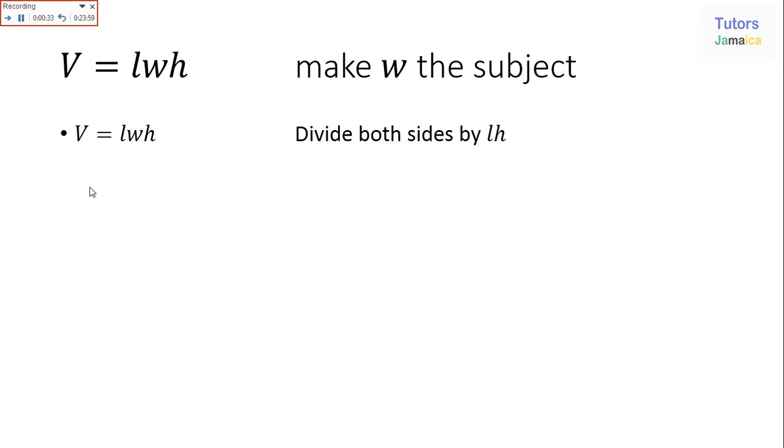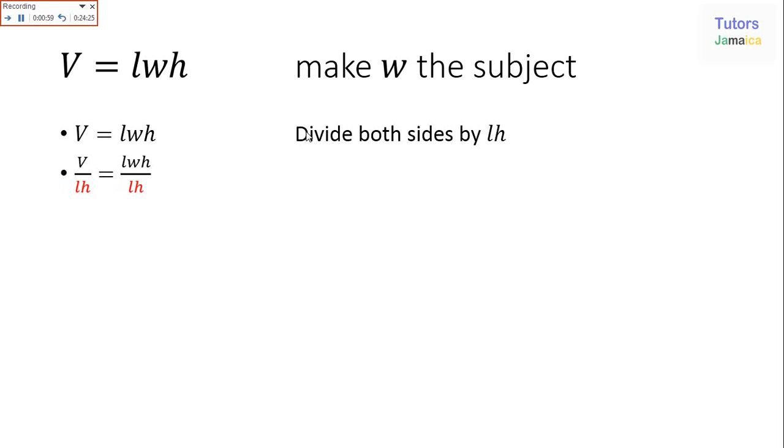So LWH is really L times W times H. So since the L and the H are multiplying the W in this scenario, we are going to divide both sides by LH. So you see how this one looks scary, and it is quite simple.